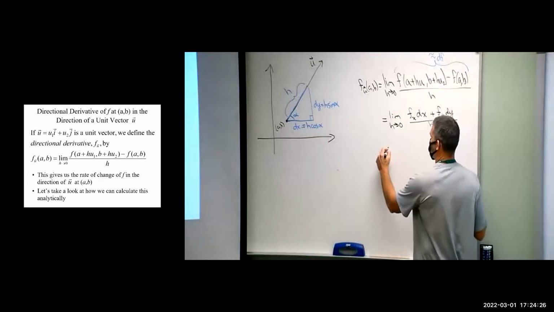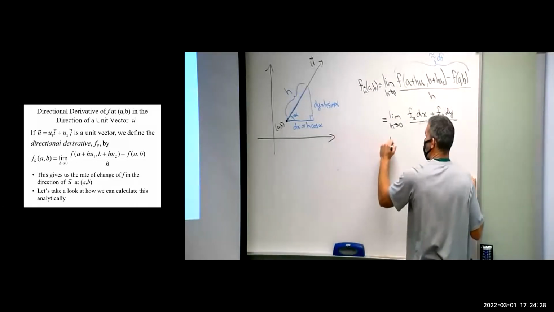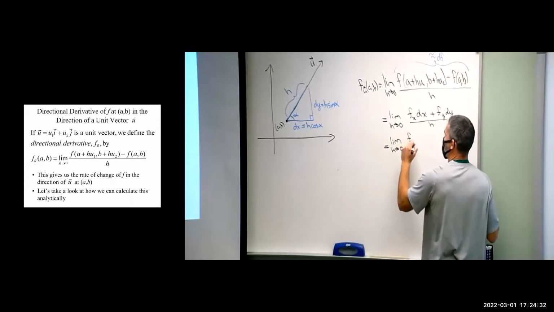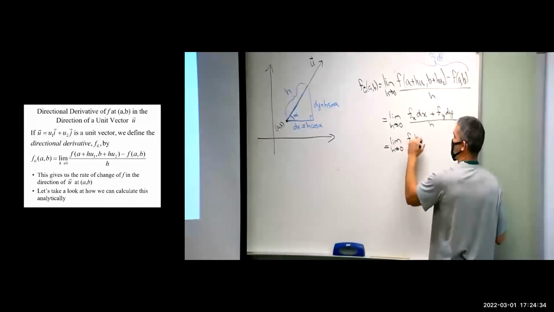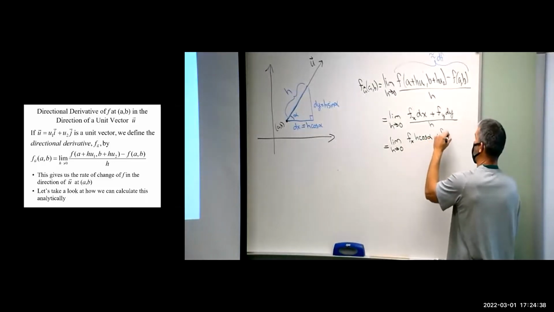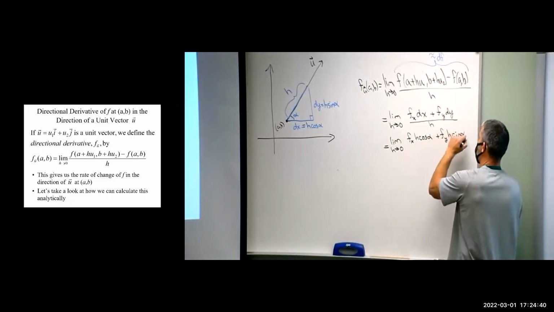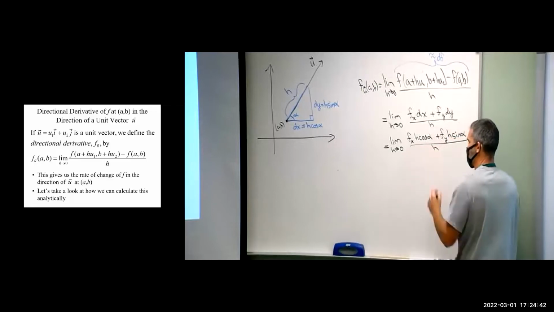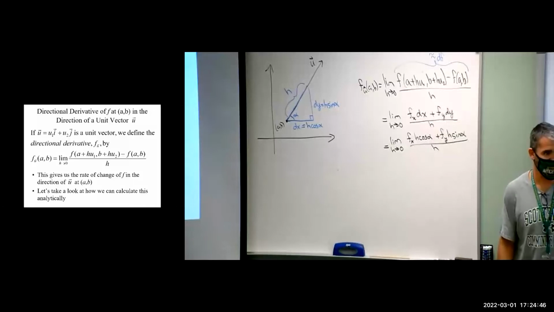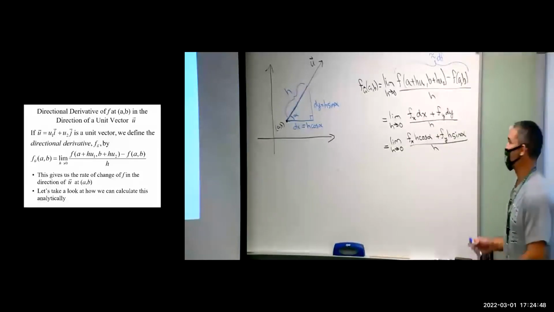Now, let's also combine what we put in over here. So limit as h goes to 0 of f sub x h cosine alpha plus f sub y h sine alpha all over h. Something very awesome happens here, right? All the h's cancel.